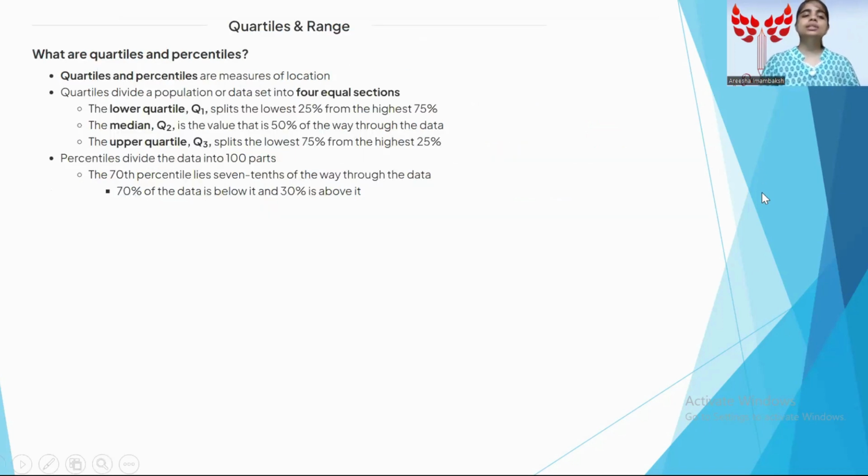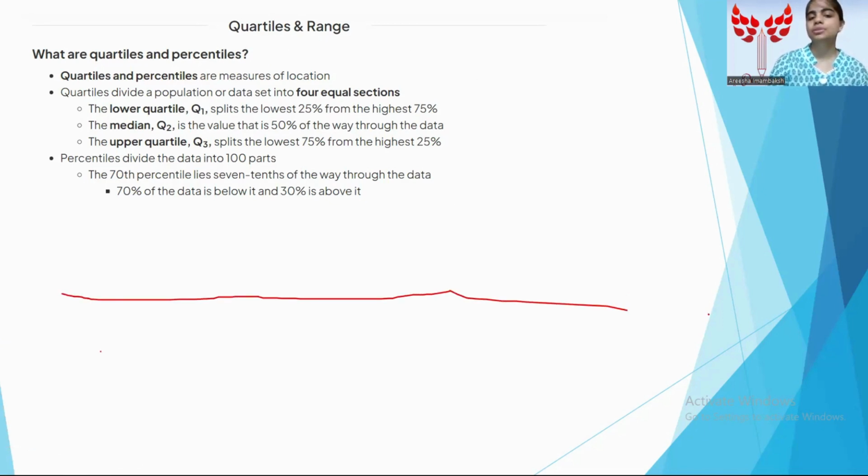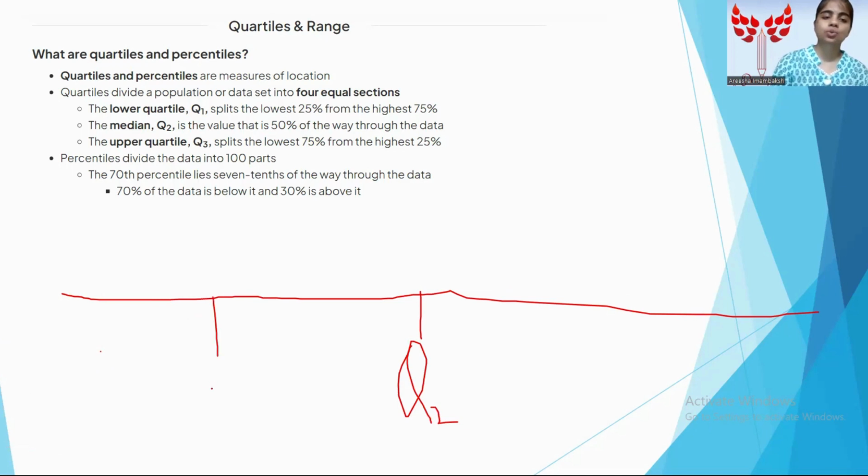Now let's go towards the quartiles and percentiles. I'll make a diagram for you to understand this, then it would be easier to understand the concept. If this is, let's say, your Q2, and let's say this is your Q1, and let's say this is your Q3.